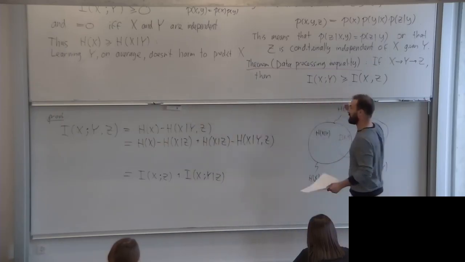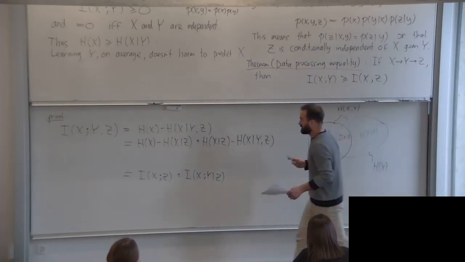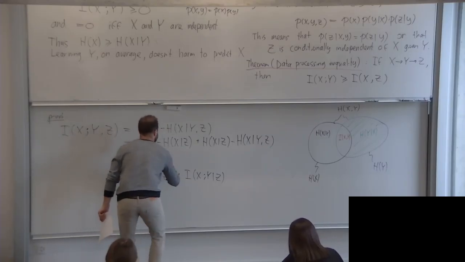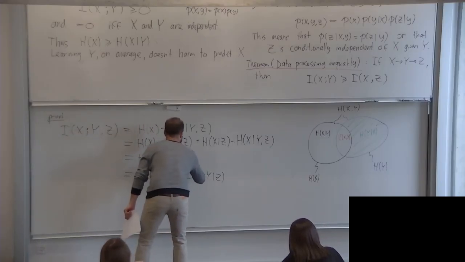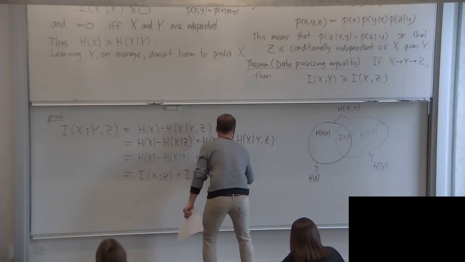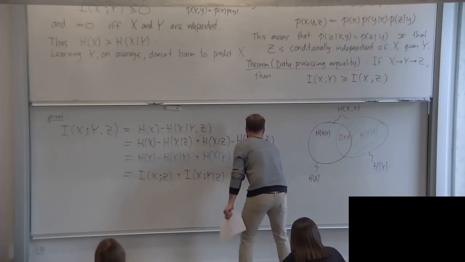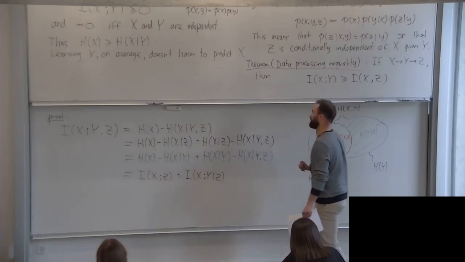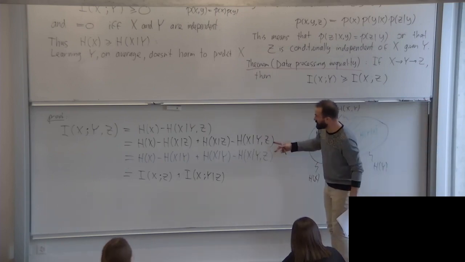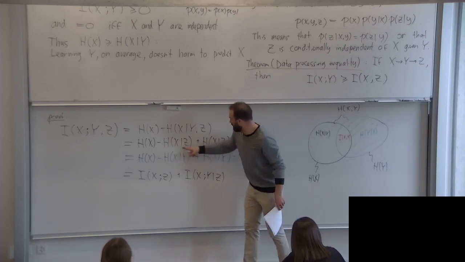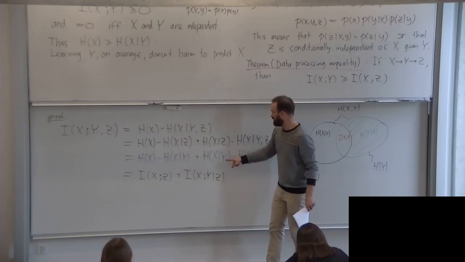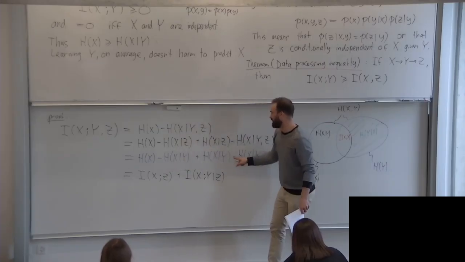I left it blank because another trick is to realize that I could also have done h of x minus h of x given y plus h of x given y minus h of x given yz. I rewrote a very similar equation, but instead of inserting nothing as this nothing, I inserted nothing as that nothing: minus h of x given y plus h of x given y.